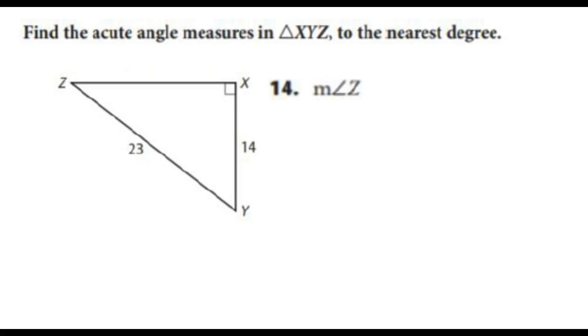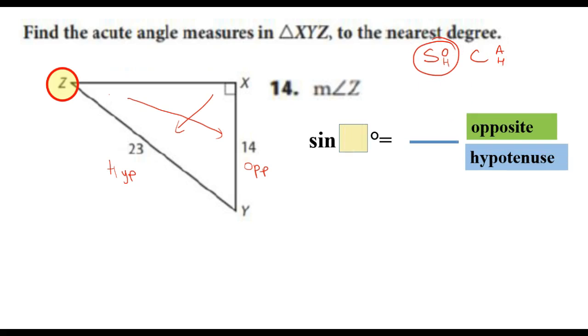Okay. Moving right along, let's find the angle z. So again, I'm going to circle it. And I see that they give me a side that is hypotenuse, right? And the side that's opposite. So which one will I use, sine or cosine? Sine, right? So we'll go ahead and set that up, put the numbers in their place.